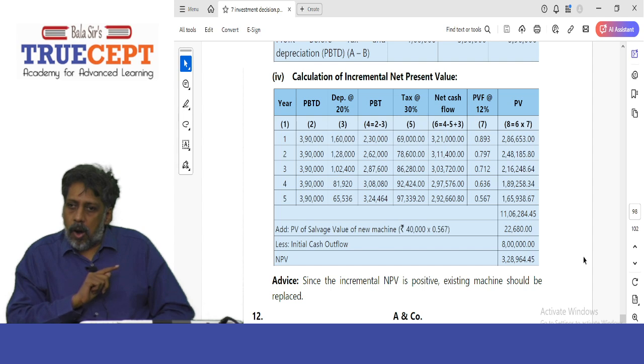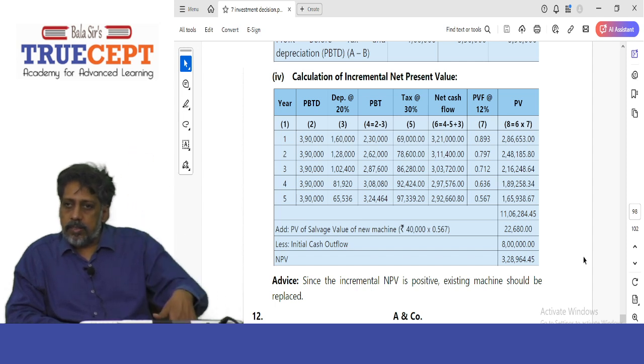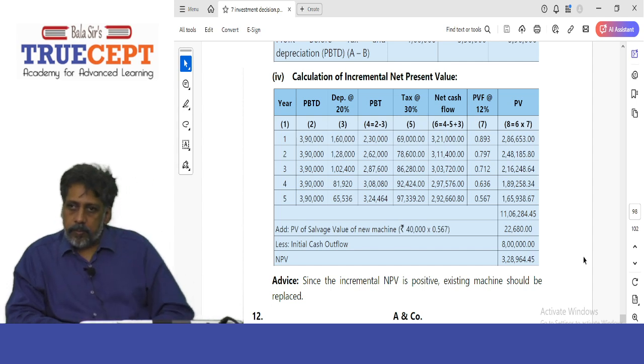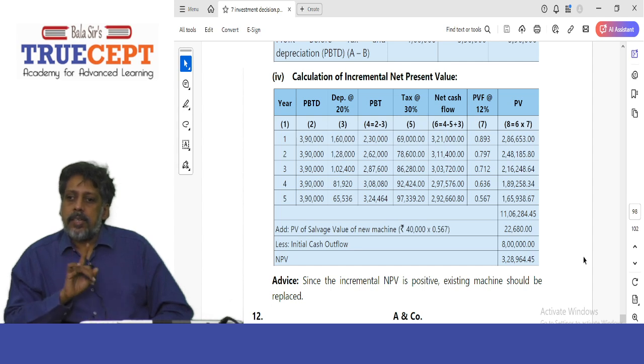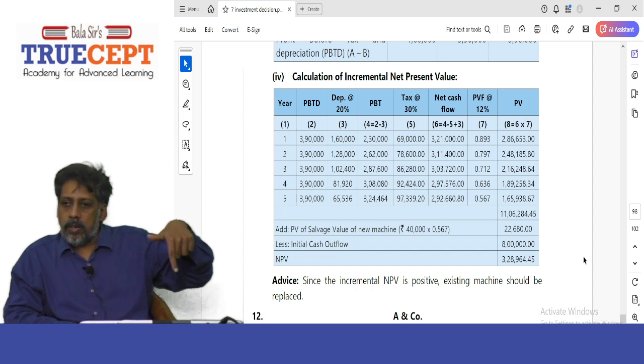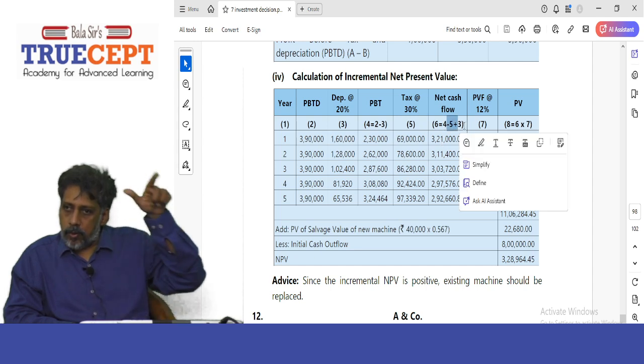And then how to find the PAT is nothing but what? From 2 lakh 30,000 subtract 69,000. What is the balance you get? We get 1,61,000. And so on for all the years, right? That's the PAT. Then what you should do now, you should add back depreciation. That's what is given as 4 minus 5 plus 3. 4 is the profit before tax.